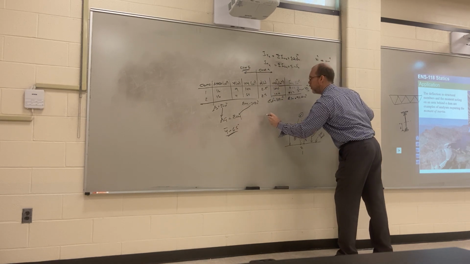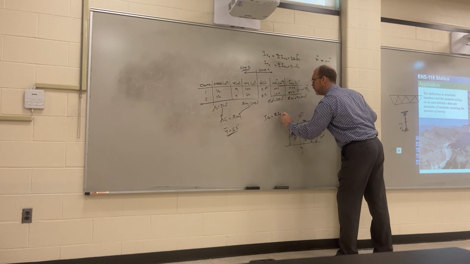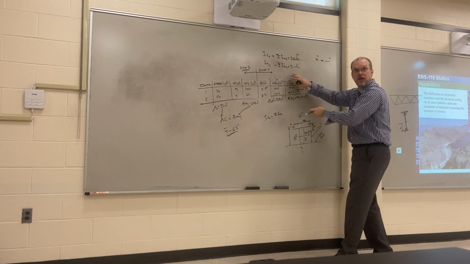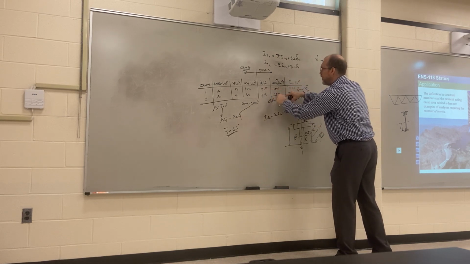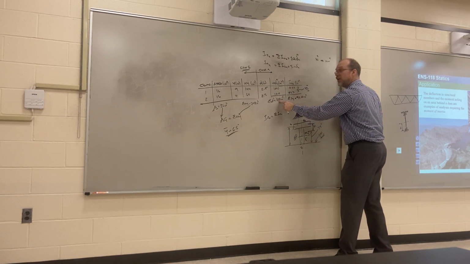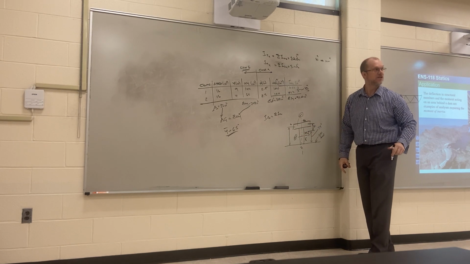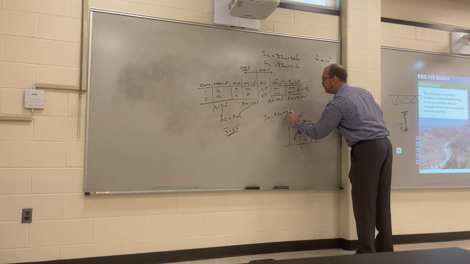Look, the total moment of inertia with respect to the x is equal to the sum of the pieces' own capacity to resist bending, right, the individual pieces, plus their transfer distance. Look at how much the transfer distance, by adding these on top of each other, how much stiffer it got. Plus the sum of AD squared.